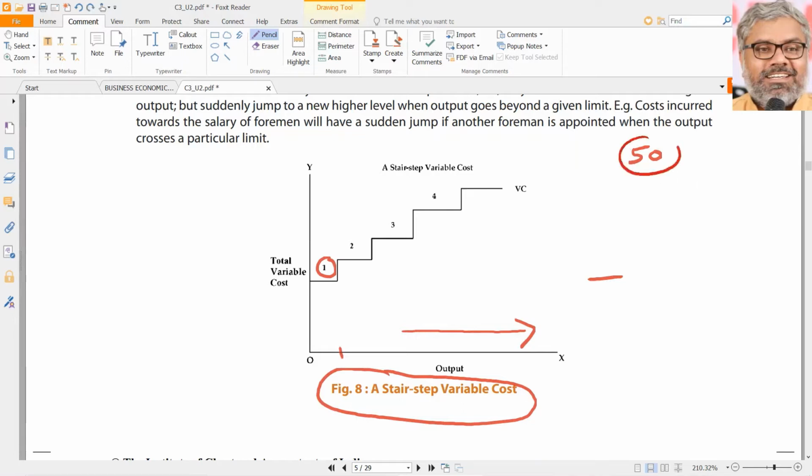So if number of students are 50, one bus is enough. 30 also one bus is required, 10 also one bus is required, 2 also one bus is required if the tour is on. So up to 50, the charges that we should pay to the bus are fixed.